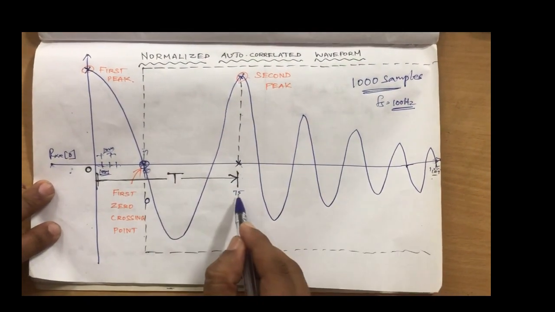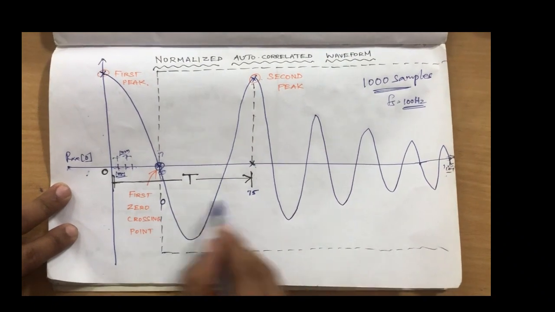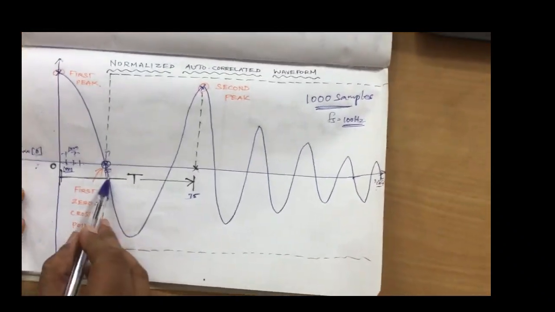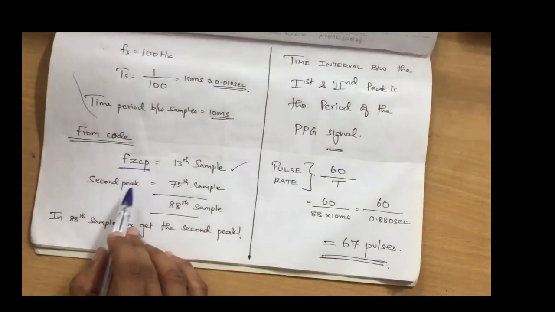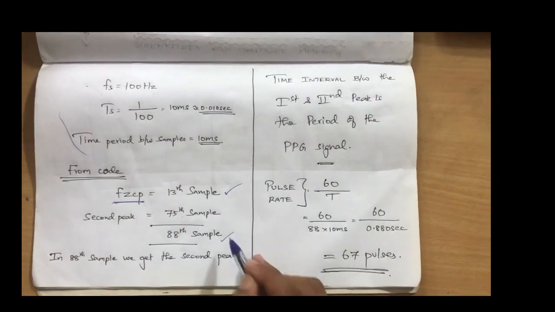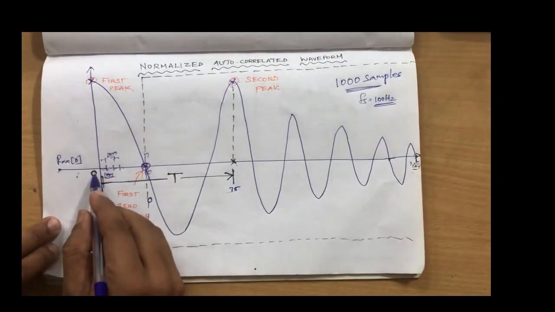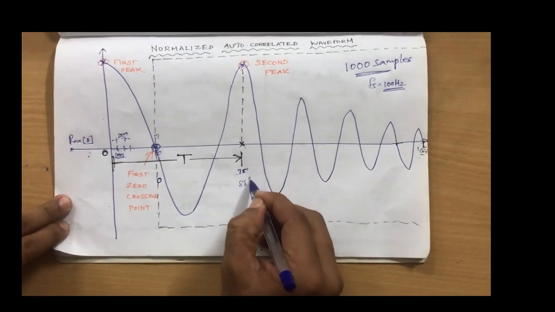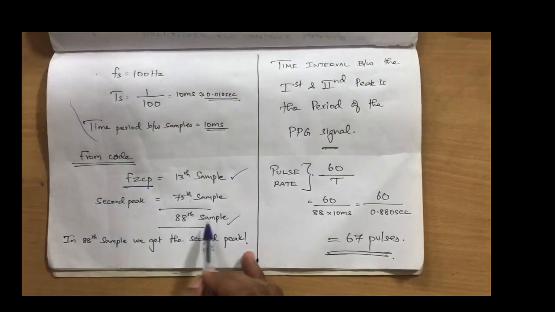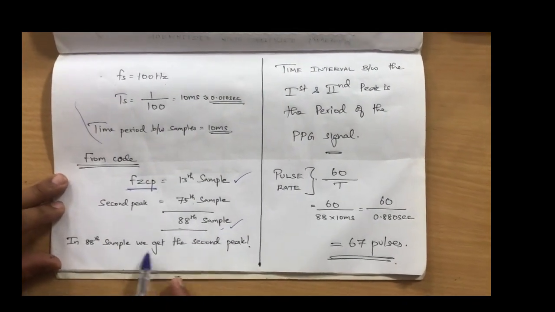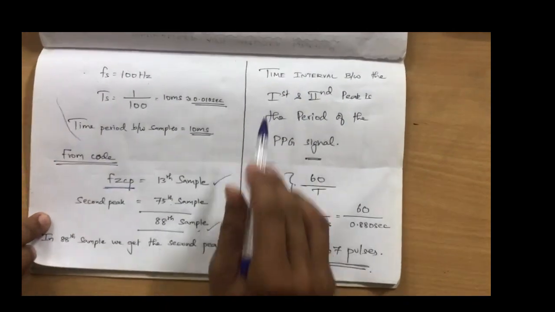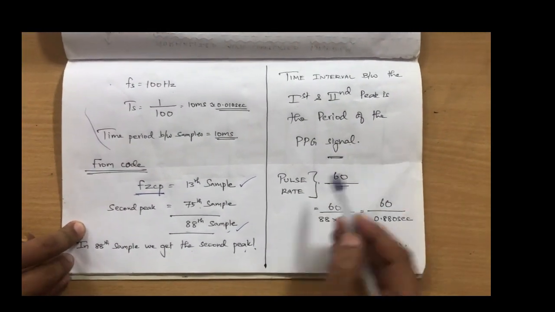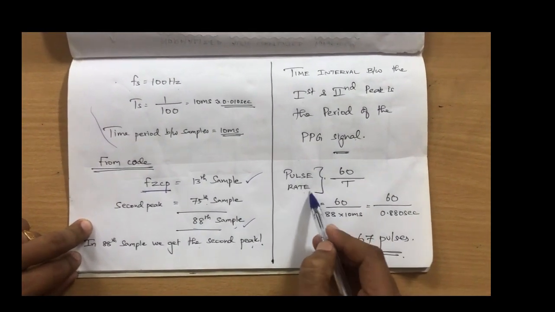Considering this is the 0 point, and the previous window is 13 samples, 13 plus 75 gives the 88th sample. So the first peak is at 0 and the second peak is at the 88th sample. The time interval between the first and second peak is the period of the PPG signal. So what is the pulse rate?